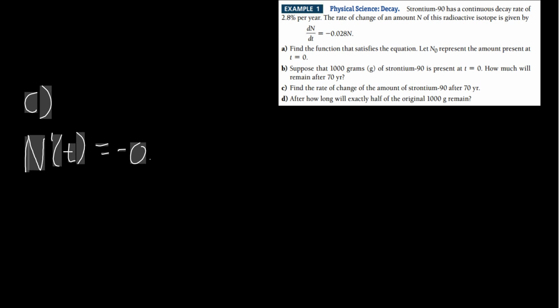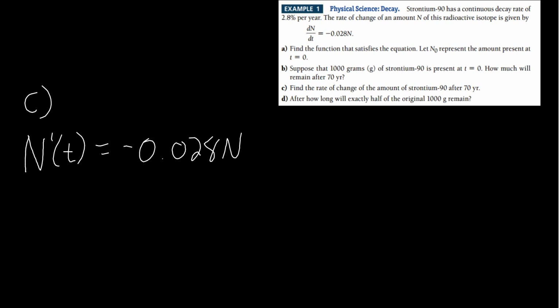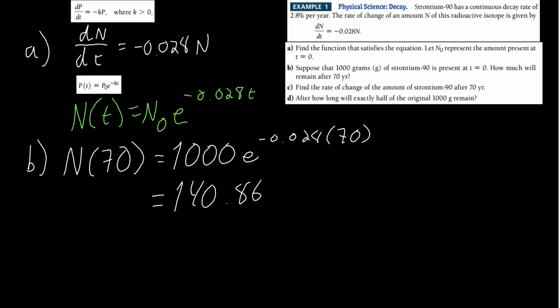All right, so D is going to have to just get its own page as well. So a negative 0.028 N. All I did was simply rewrite this. But now I'm going to have to replace this N right here with what N is. Well, N, we said, was this. So N naught e to that.